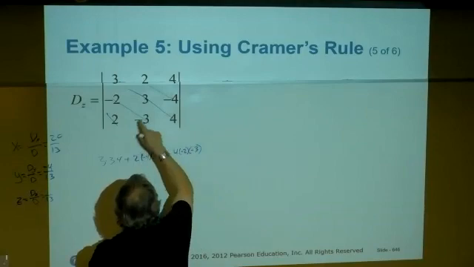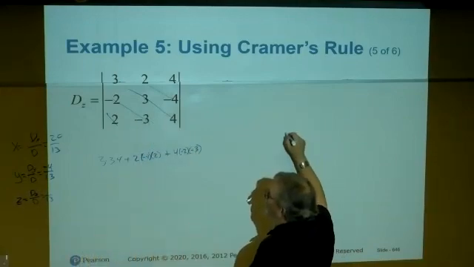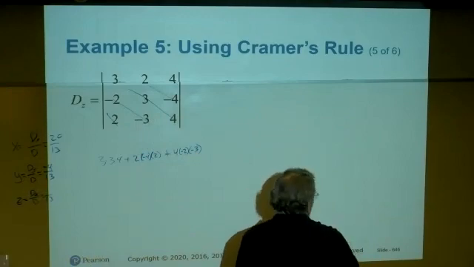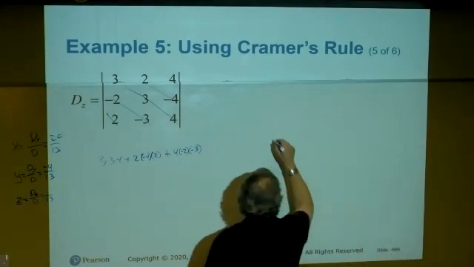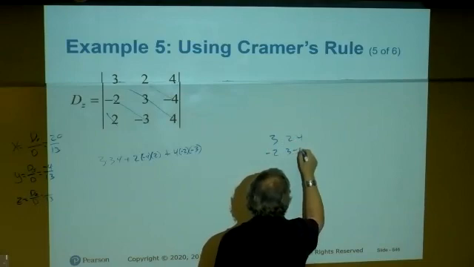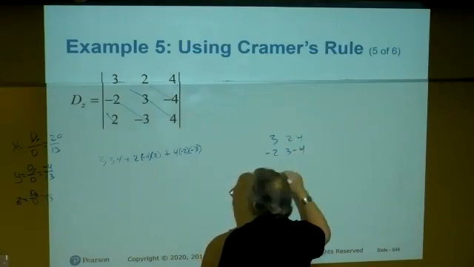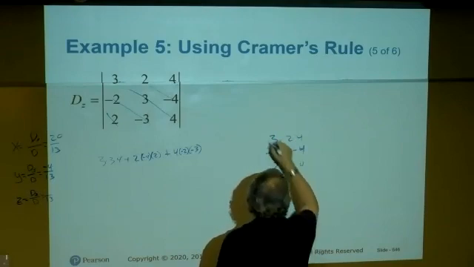And so see that that's why I write it. I'm going to rewrite it down here. 3, 2, 4. -2, 3, -4. And 2, -3, 4.